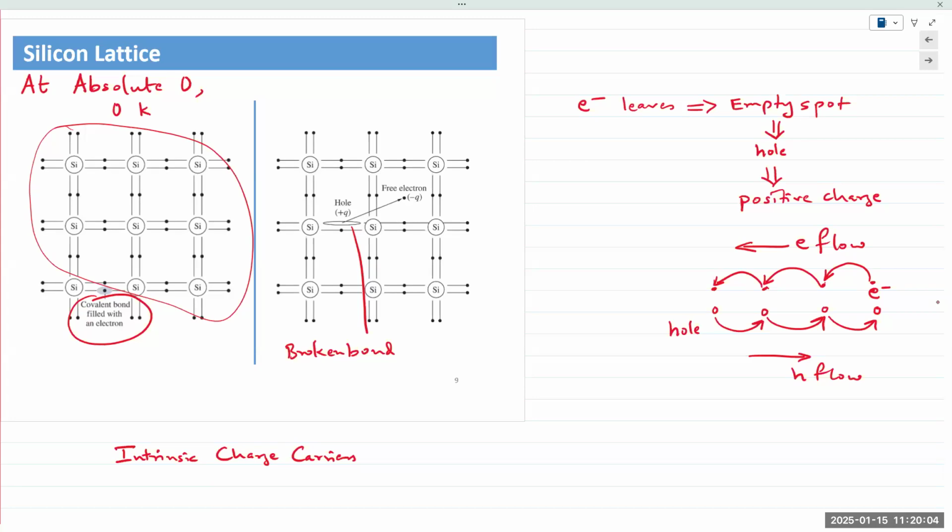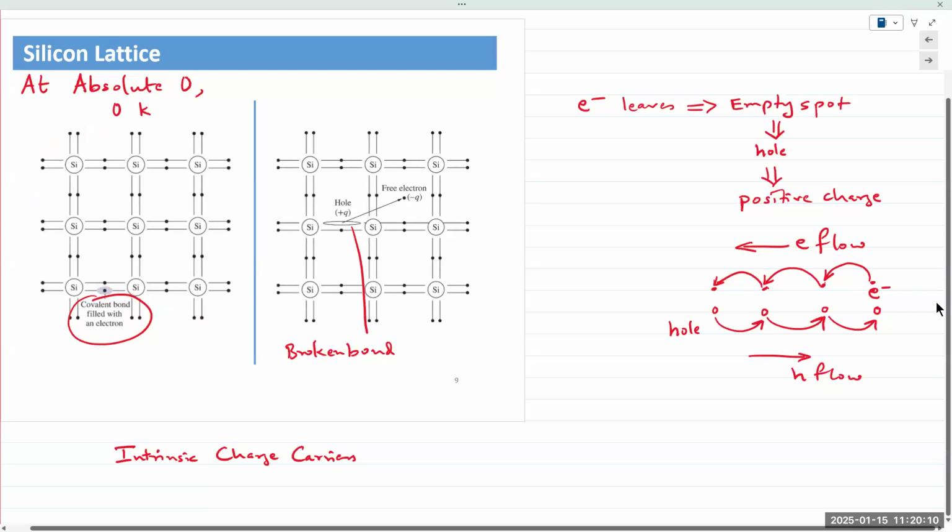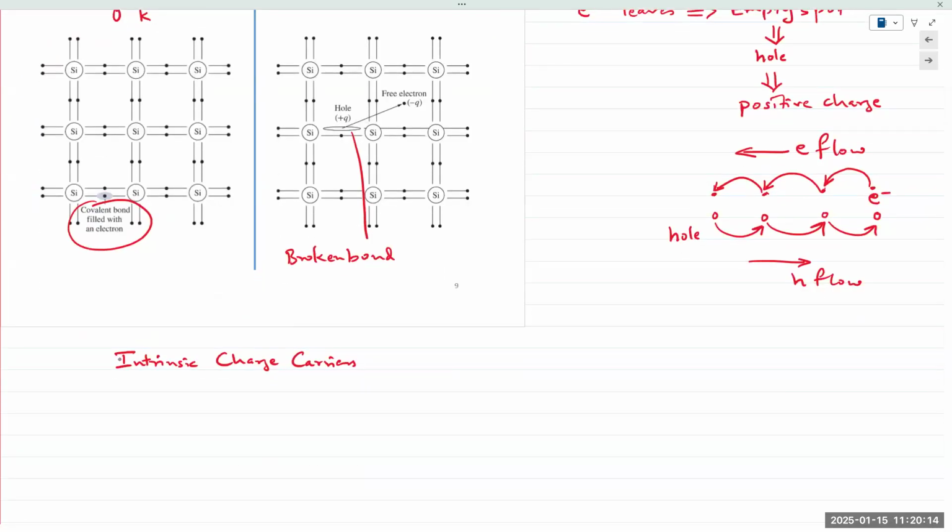They're already present in that silicon lattice structure, and hence intrinsic charge carriers. And so this semiconductor material is also known as the intrinsic semiconductor.